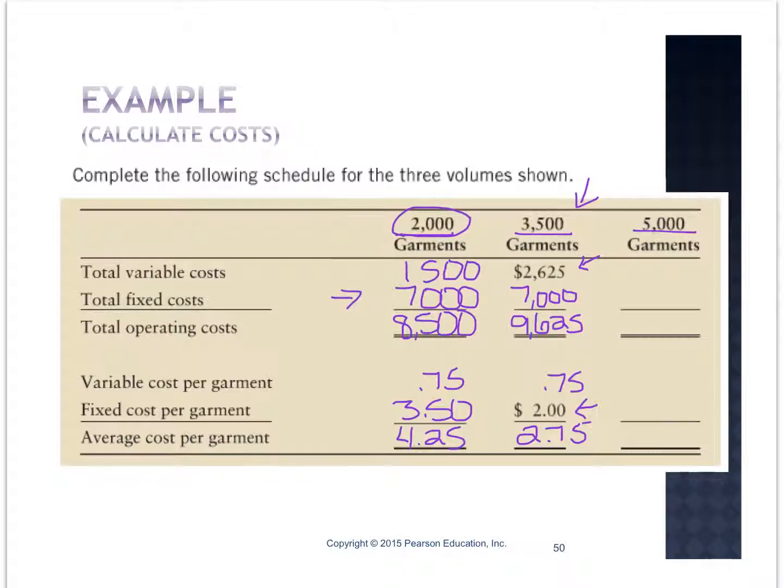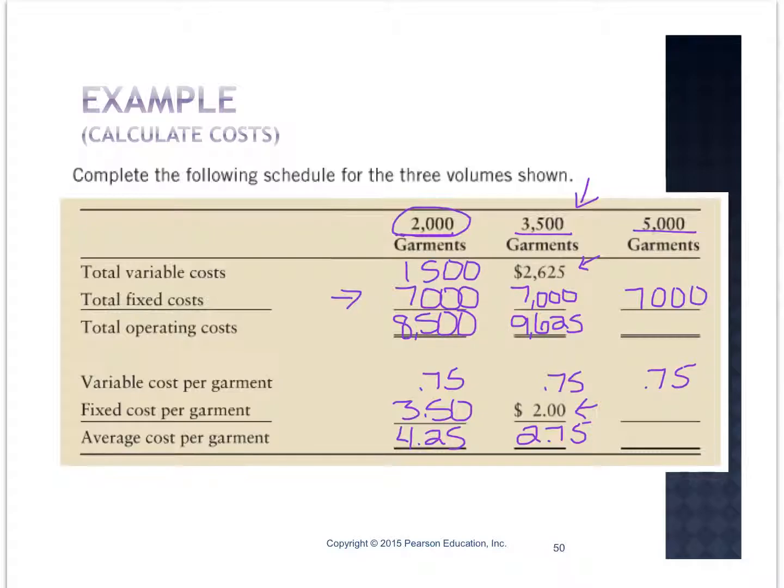Now moving to the 5,000 range, we do the exact same thing. We know that fixed costs are going to be 7,000. Our variable cost per unit is going to be 75 cents. So let's calculate total variable costs at 75 cents multiplied by 5,000 garments.